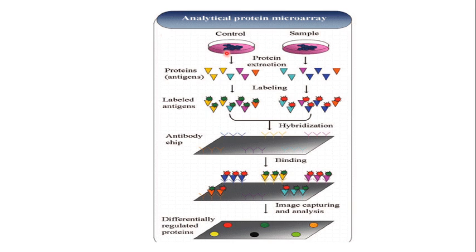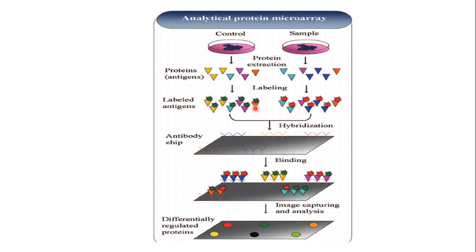For example, in the control, the proteins or antigens have been labeled with a green fluorescent molecule. The different kinds of proteins you can see over here have been represented with different colors, but all of them have been labeled with a green fluorescent molecule. In case of the sample, all of them have been labeled with a red fluorescent molecule.